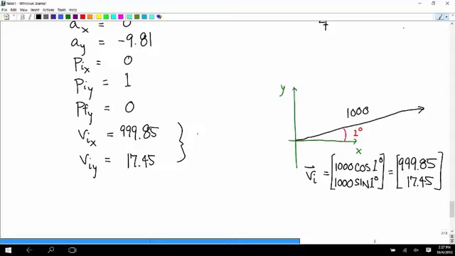The reason that if you fired the bullet horizontally, it hit the ground at the same time as if you dropped it, is that the y component of the initial velocity was 0. Look at how big it is now. Even though that angle is tiny, 1,000 meters per second is so fast that this has an initial y velocity of 17.45 meters per second. That's like almost 40 miles an hour.